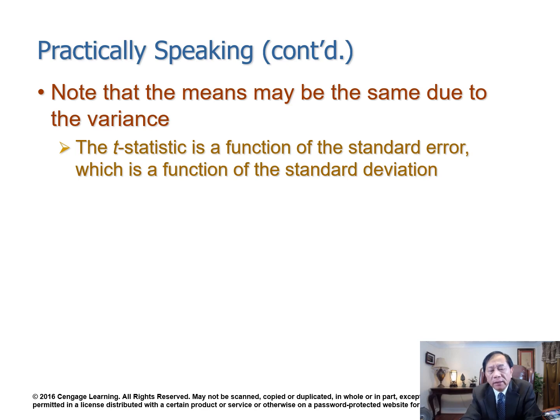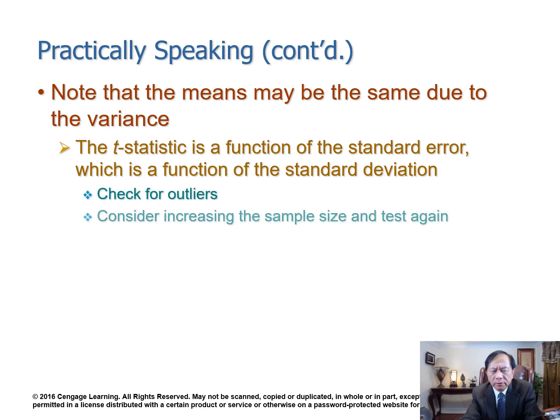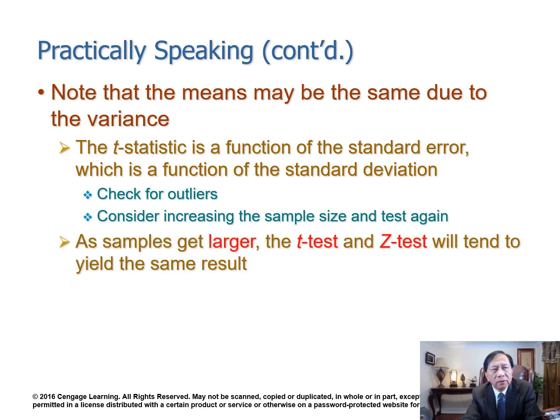The t statistic is a function of the standard error, which is a function of the standard deviation. You need to check for outliers. You consider increasing the sample size and test again. When the samples get larger, the t-test and z-test will tend to yield the same result.